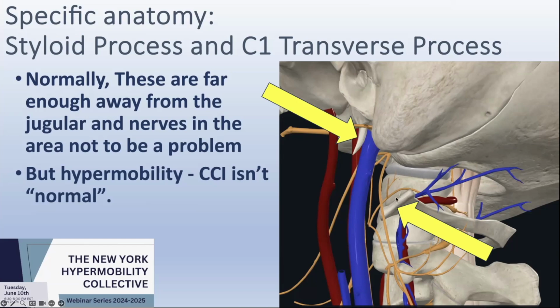This is a more normal configuration, showing that there's plenty of room between these two structures for the jugular vein to drain blood out of the skull, and for the sympathetic superior cervical ganglion, the sympathetic nerves, to run up into the skull. But in hypermobile patients, this isn't a normal situation.